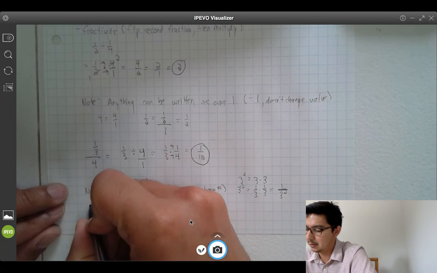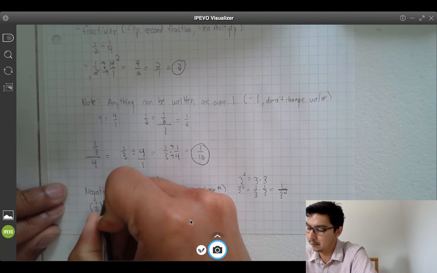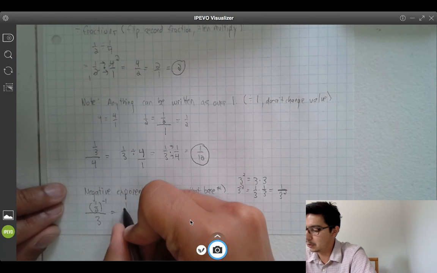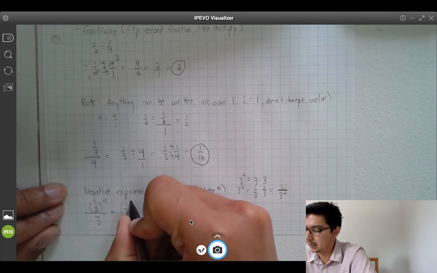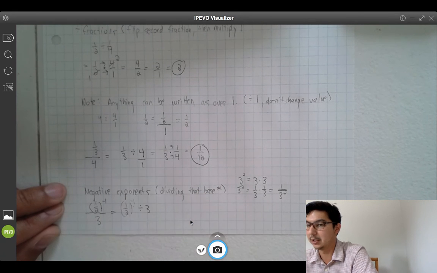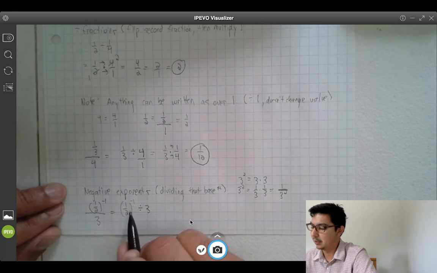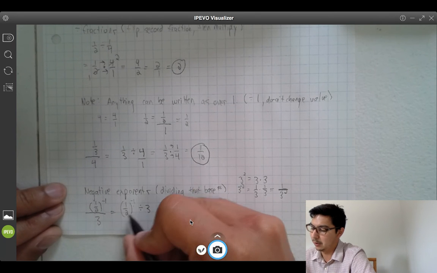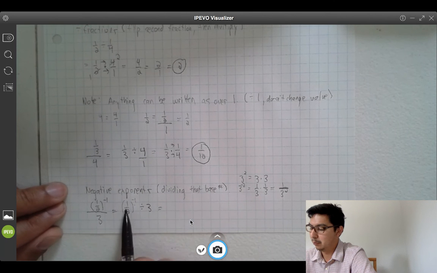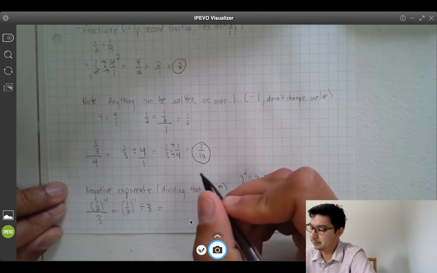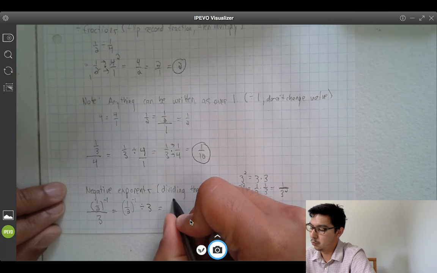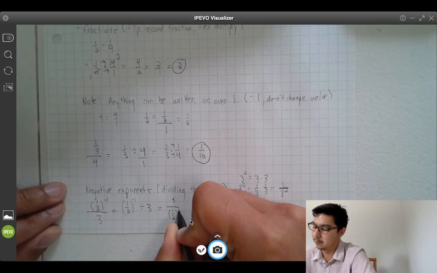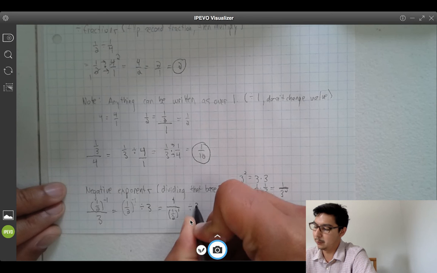So say I have the problem 1/2 to the negative 1 divided by 3. Well, we could write that as 1/2 to the negative 1 divided by 3, if you like it like that. And then now I just want to show you the long way. If you put it on the other side of 1, you would have 1 over 1/2 to the positive 1, divided by 3.